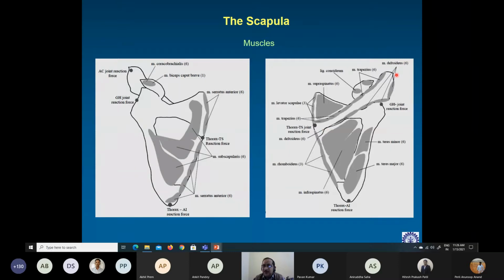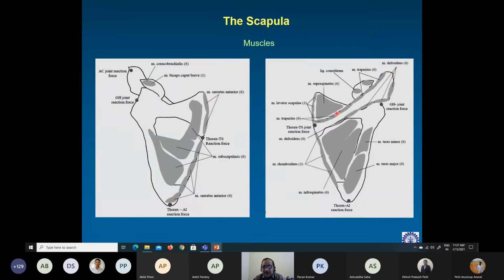You can see muscle deltoides, 6 lines of force, all along the inferior side of the scapular spine. And you have the muscle trapezius all along the superior side of the scapular spine.